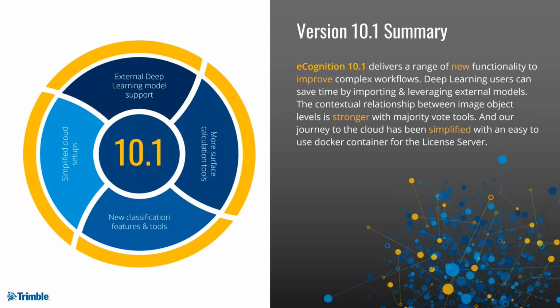And again, building out this great function within eCognition, always being able to use context in describing image objects, taking that a step further now by using this sub-super object contextual feature with majority vote. And finally, simplification. Simplifying setups in the cloud.